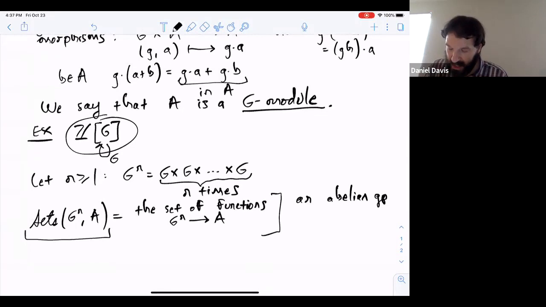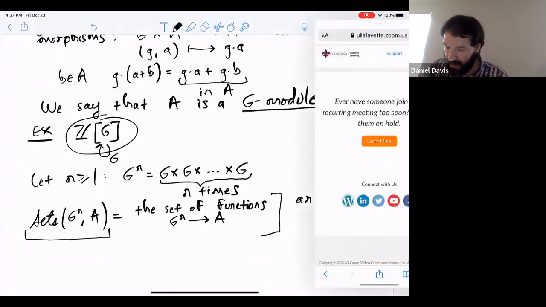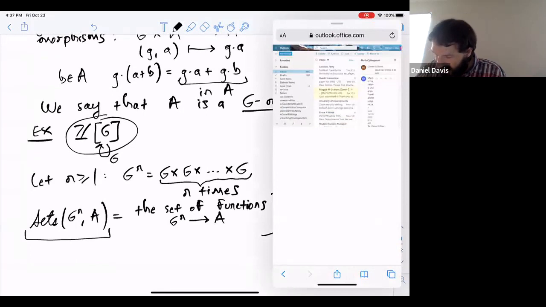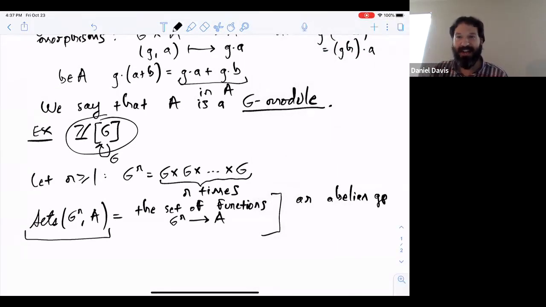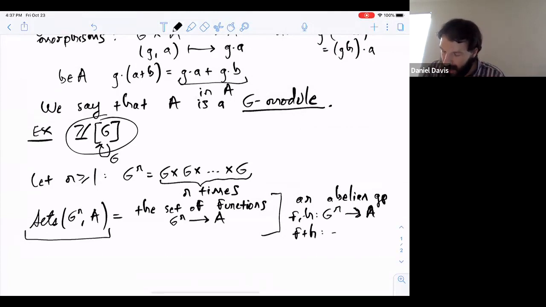And the way that this works is as follows. So suppose f and h are functions from G^n into A. Okay, so we want to define f plus h, and so f plus h will be a function from G^n to A, and it's just defined pointwise.